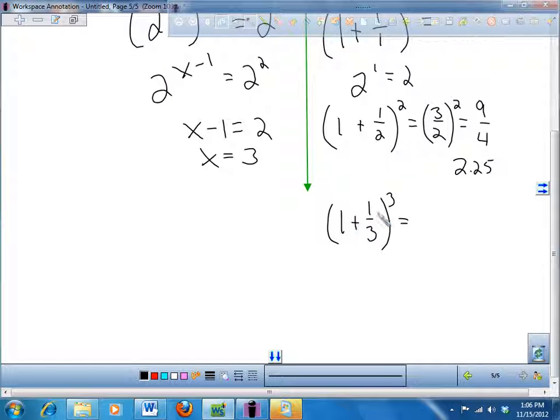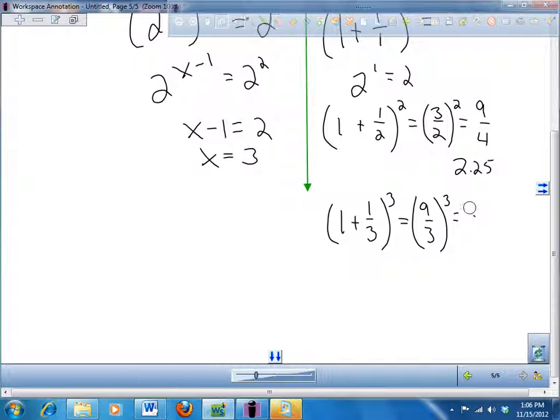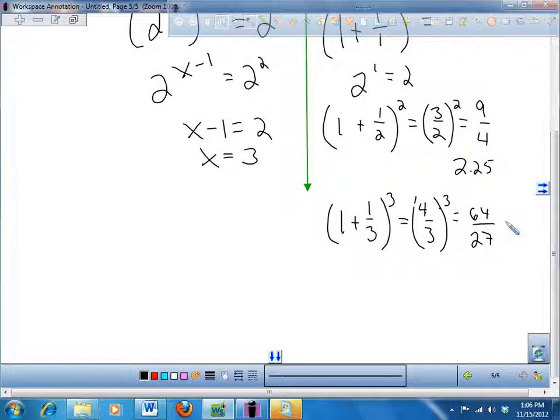That would be 4/3 cubed, which would be 64 over 27, which is 2 point something.